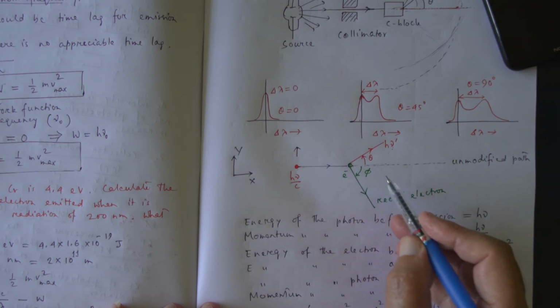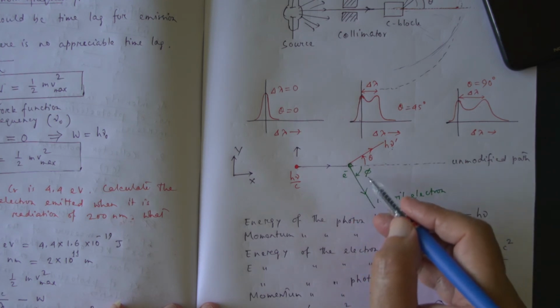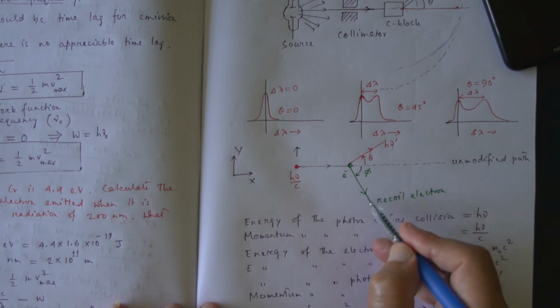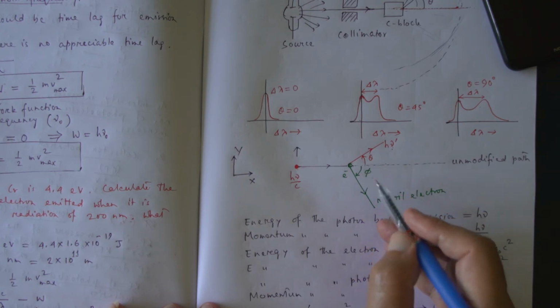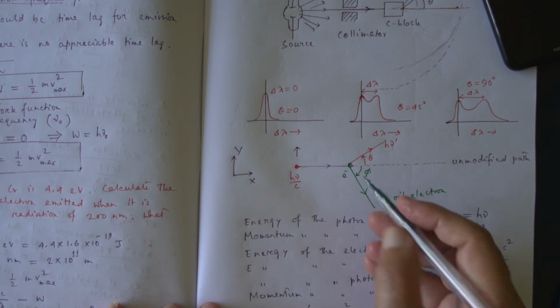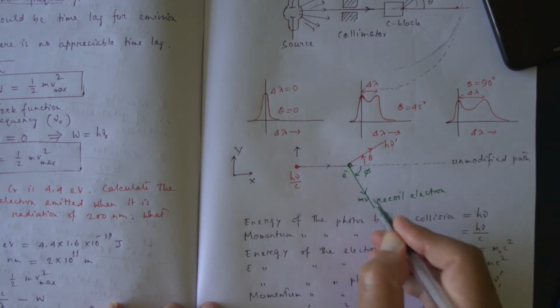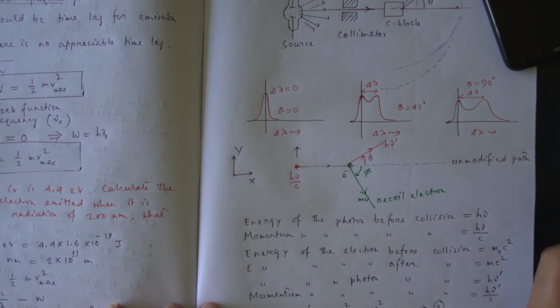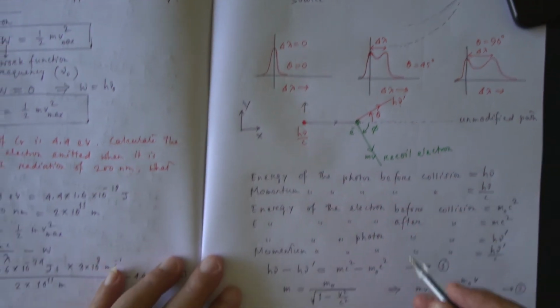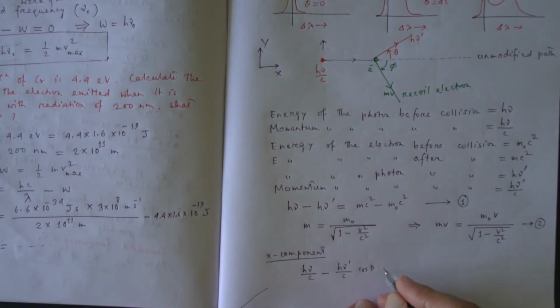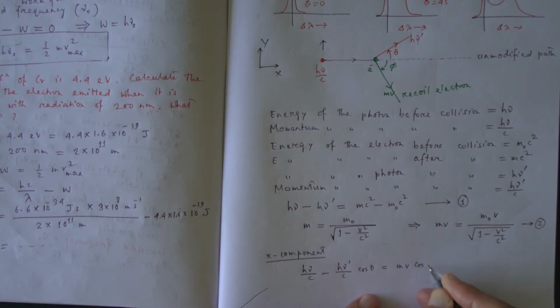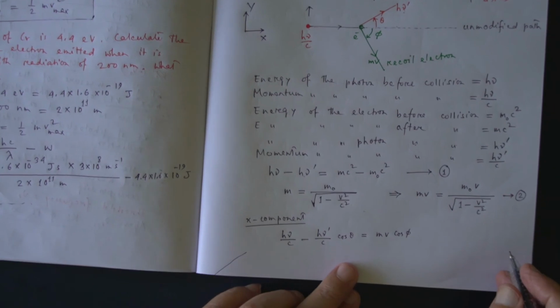X component of momentum of the electron: mass of the electron is m, velocity is v, so momentum is mv, and x component of momentum will be mv cos phi.